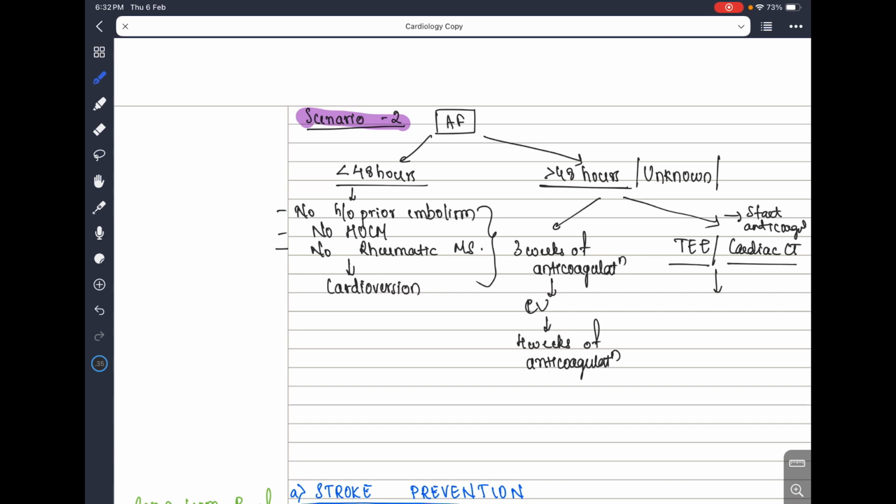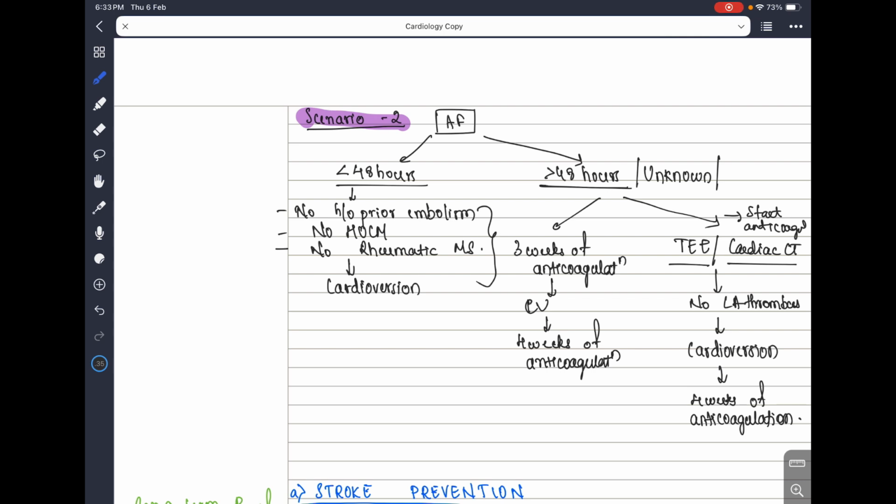If in this imaging there was no left atrial thrombus, then you can directly do cardioversion. Following cardioversion, you will still give 4 weeks of anticoagulation. Why do you give 4 weeks of anticoagulation even after cardioversion? Because even after cardioversion there is a risk of formation of thrombus. To prevent that, 4 weeks of anticoagulation is done.